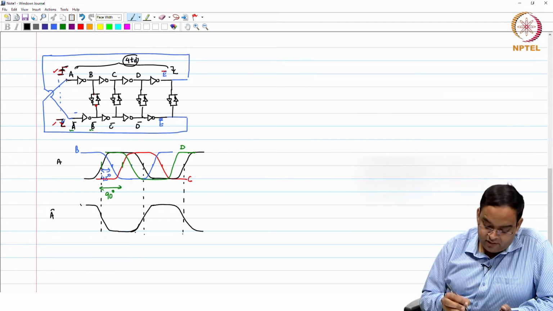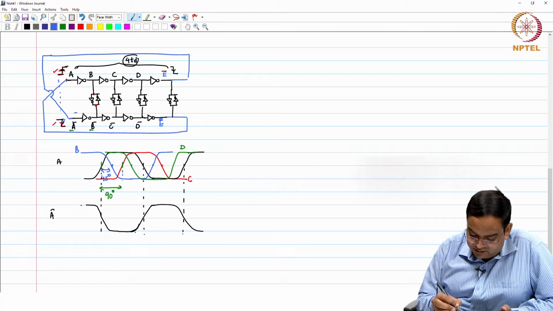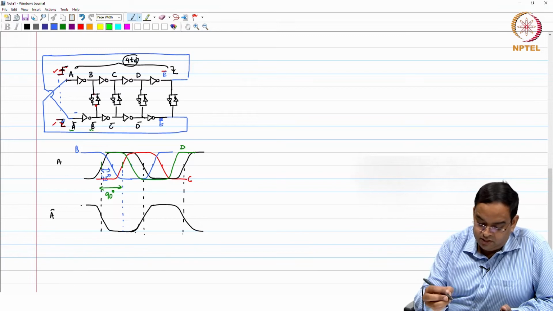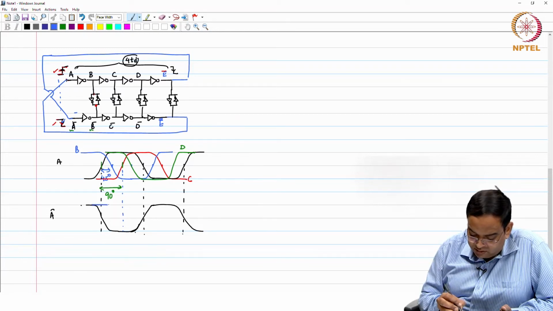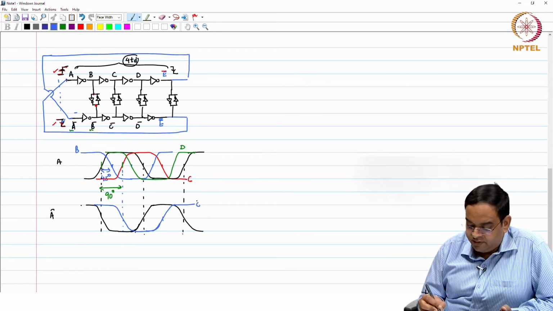This is your A bar, and your C bar signal is just the opposite of your C signal, which is going to be like this. Okay, this is C bar.